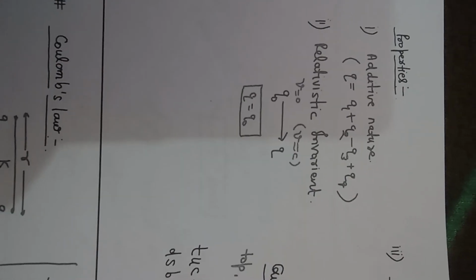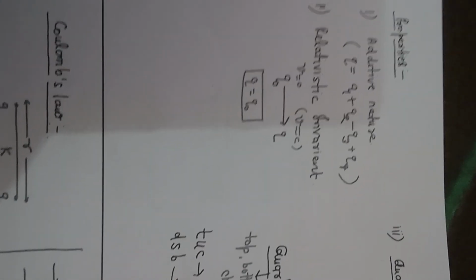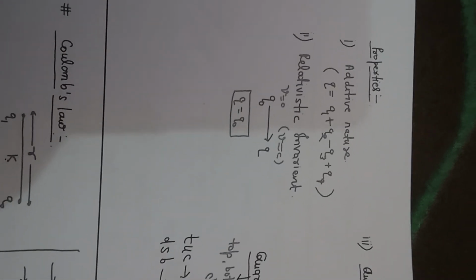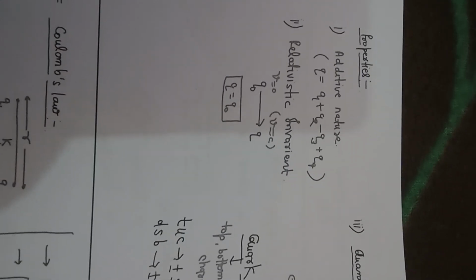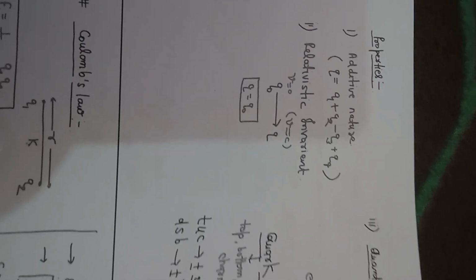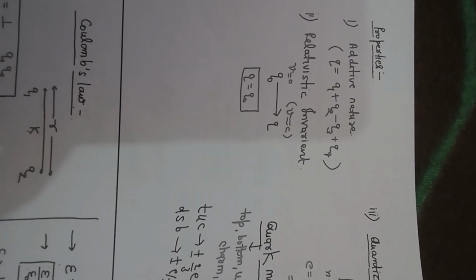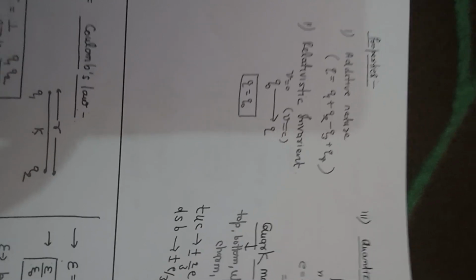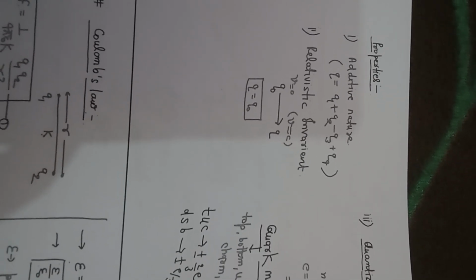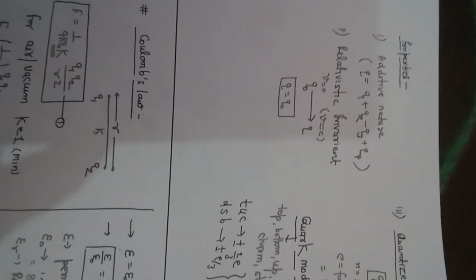So the properties of charge: it is of additive nature. For charges of different types, q is equal to q1 plus q2 minus q3 plus q4. And it is relativistic invariant, which means when v is equal to 0, then q is equal to q, and also when v is equal to c.